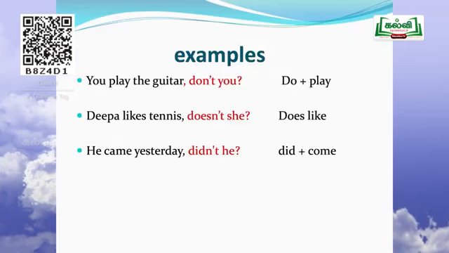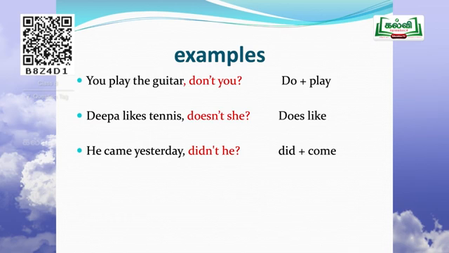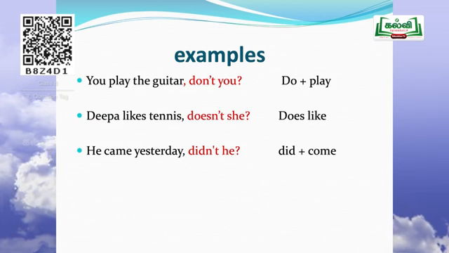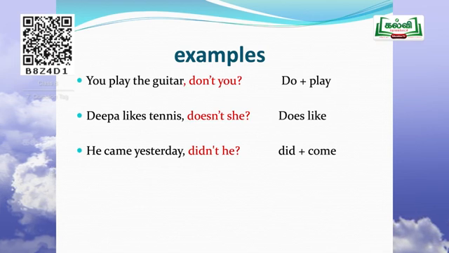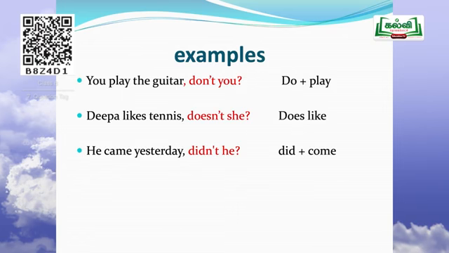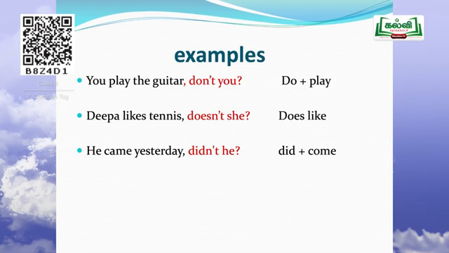Let's take an example. You play the guitar, don't you? The first thing is to identify the verb. What is the verb here? Play. Play is the V1 form of the verb, so you have to split it: do plus play.